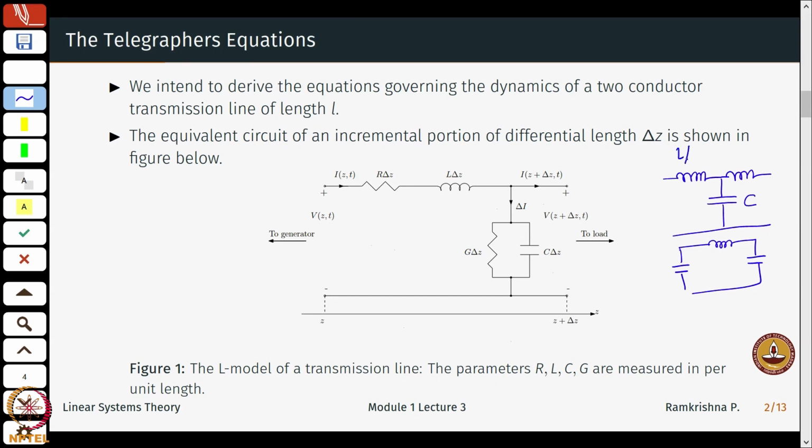The inductors were distributed into two, L by 2 this side, L by 2 that side. Similarly, if I have what I call as a pi model, I have the entire inductance of the transmission line lumped into just a single inductor, and capacitors just C by 2, like into two different elements. Okay, so a simpler version of this is also the L model which we consider here, right.